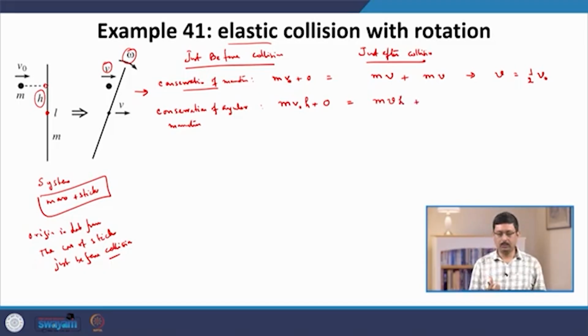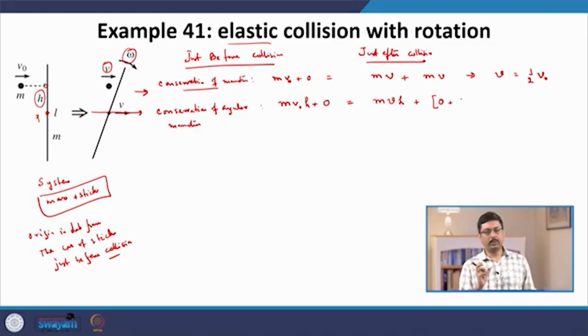So what is the angular momentum of the stick? We are going to use the rule that we have used, that this is the angular momentum of the center of mass plus the angular momentum about the center of mass. Now the center of mass is moving along this line, and this line is passing through the origin, so the angular momentum of the center of mass about this point is 0.